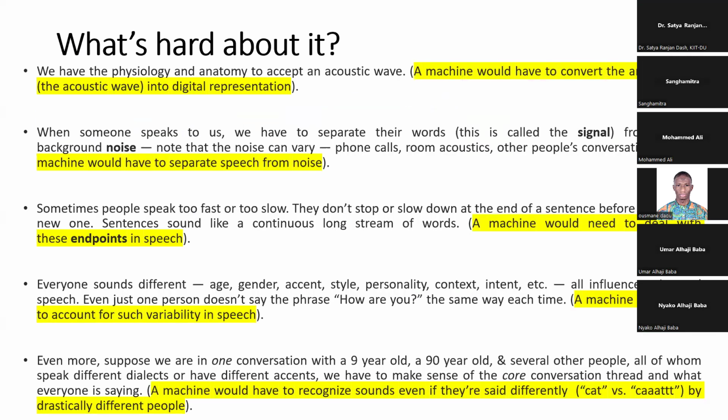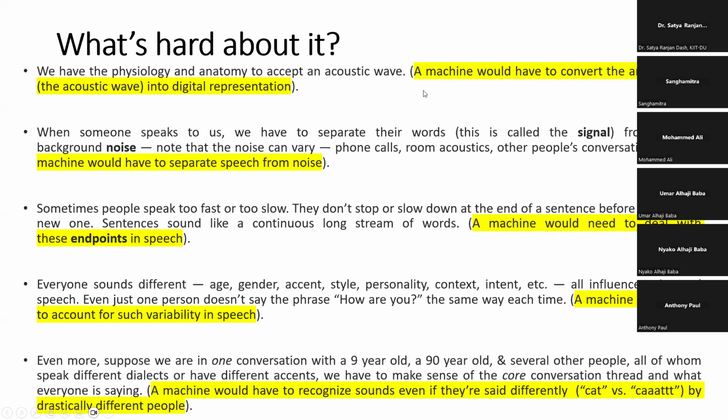Now, what we see is that although more than a century has passed, we are still not able to achieve 100% accuracy, right? So what is so difficult about this process of speech recognition, which comes so naturally to us human beings? We have the physiology and anatomy to accept an acoustic wave, and it comes naturally to us.